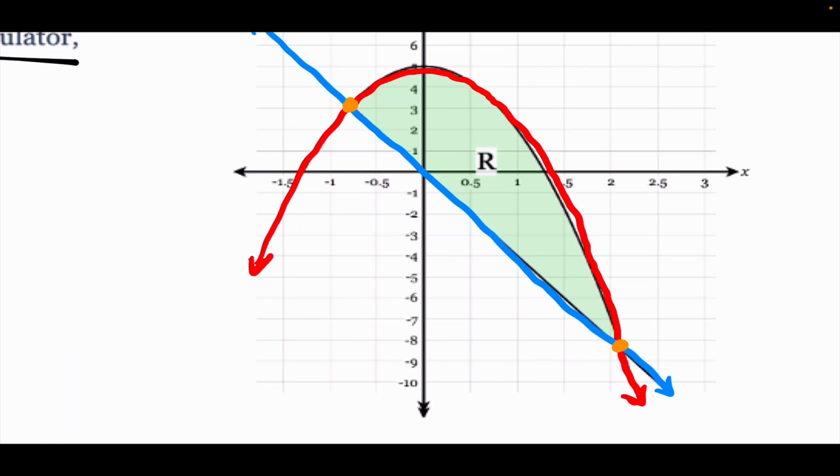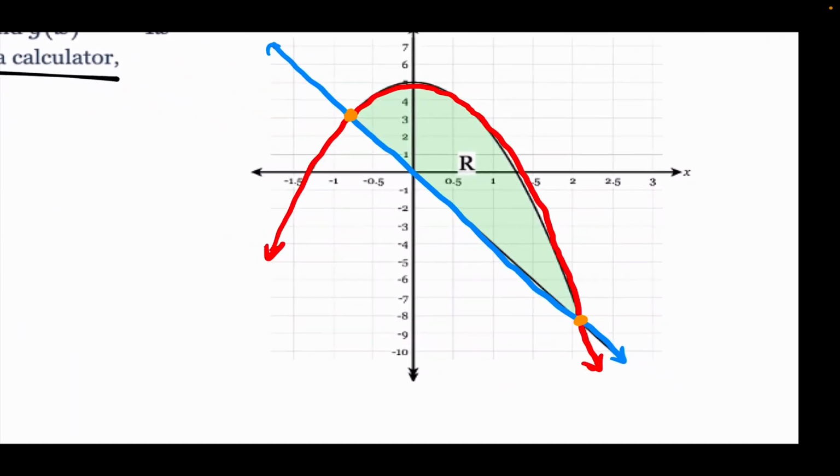So the first orange dot looks like it's left negative 0.8, 0.75, I don't know, up maybe 3. Don't really know, right? The bottom looks like it's right a little over 2 and down a little less than negative 8. So it's kind of in that gray area. I don't know. Luckily, we've done this recently.